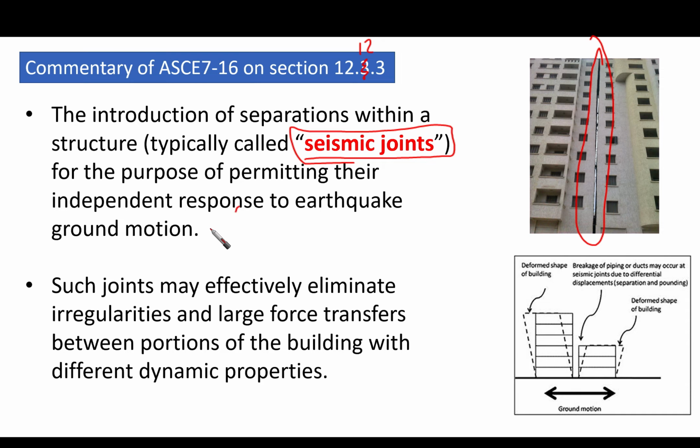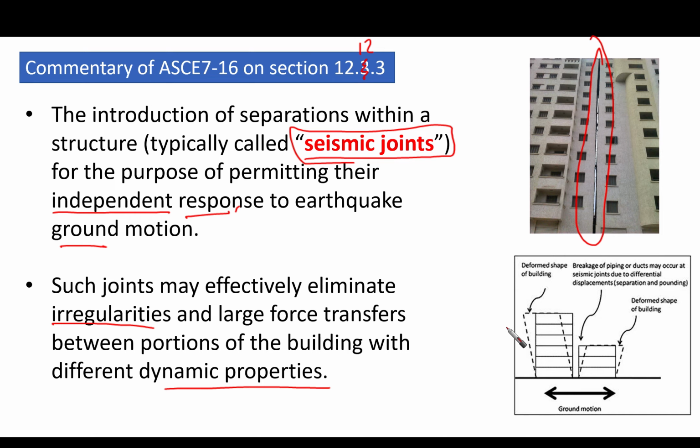For the purpose of permitting their independent response to earthquake ground motion. We talked about this, that we are seeking the independent response for certain parts of the structure. Such joints may effectively eliminate irregularities and large force transfers between portions of the building with different dynamic properties.